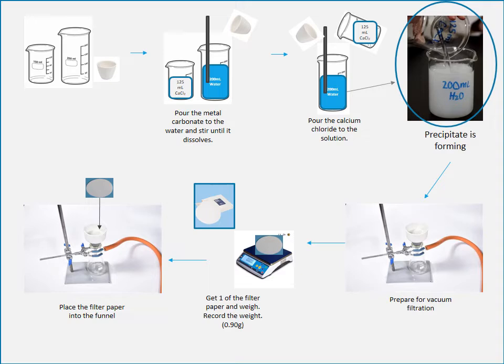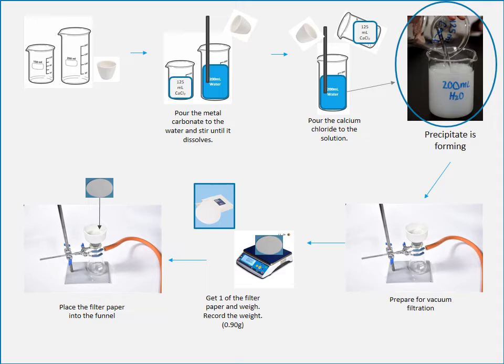Okay, so what you're going to do next, since we will be using the filter paper to collect the precipitates, is get one filter paper and weigh it. Record the weight of our filter paper, that is 0.90 grams.